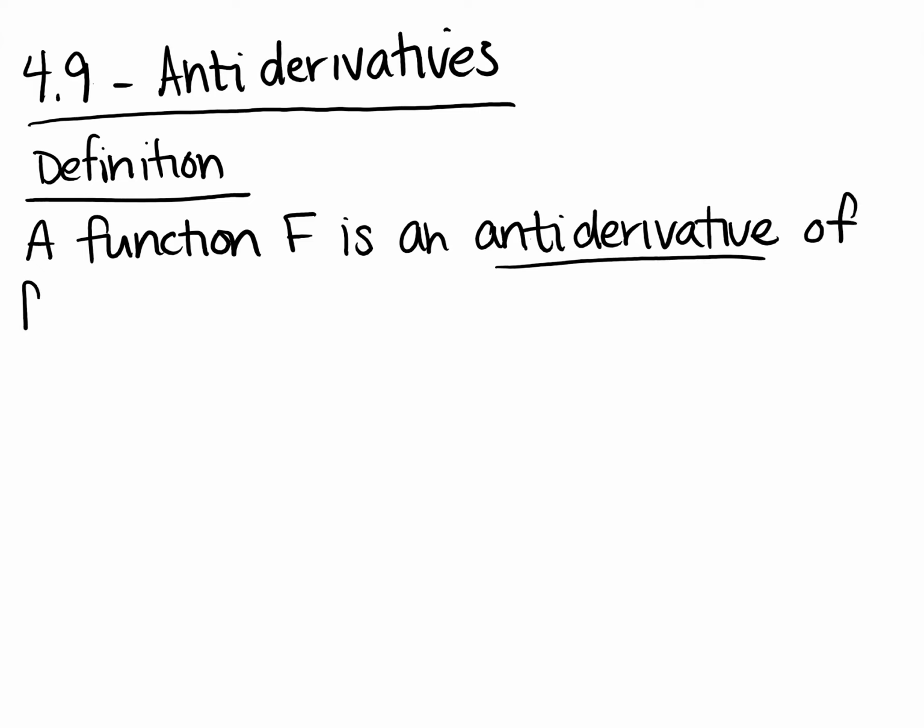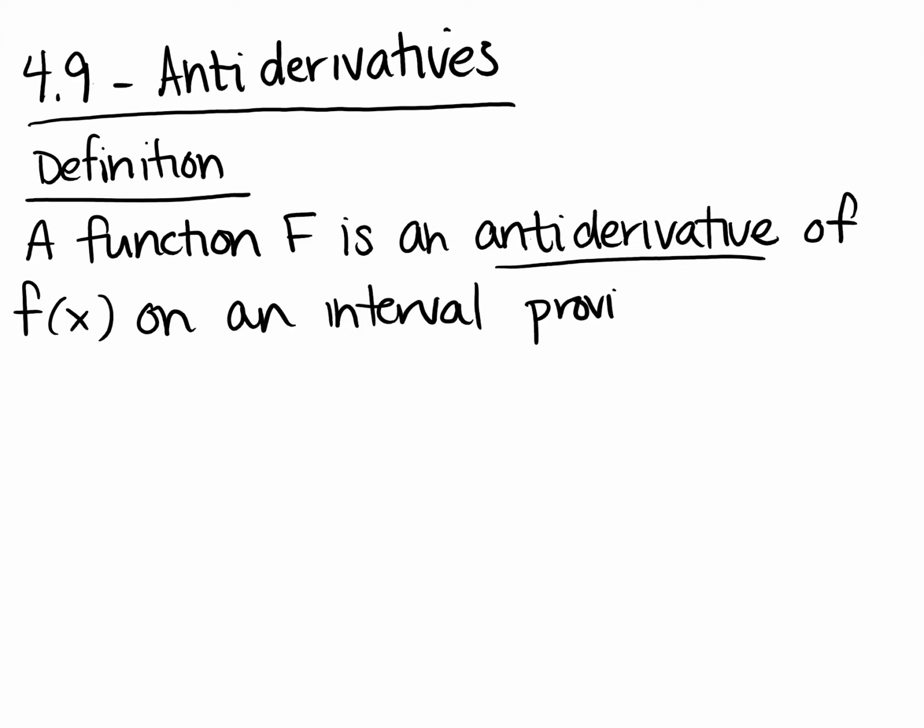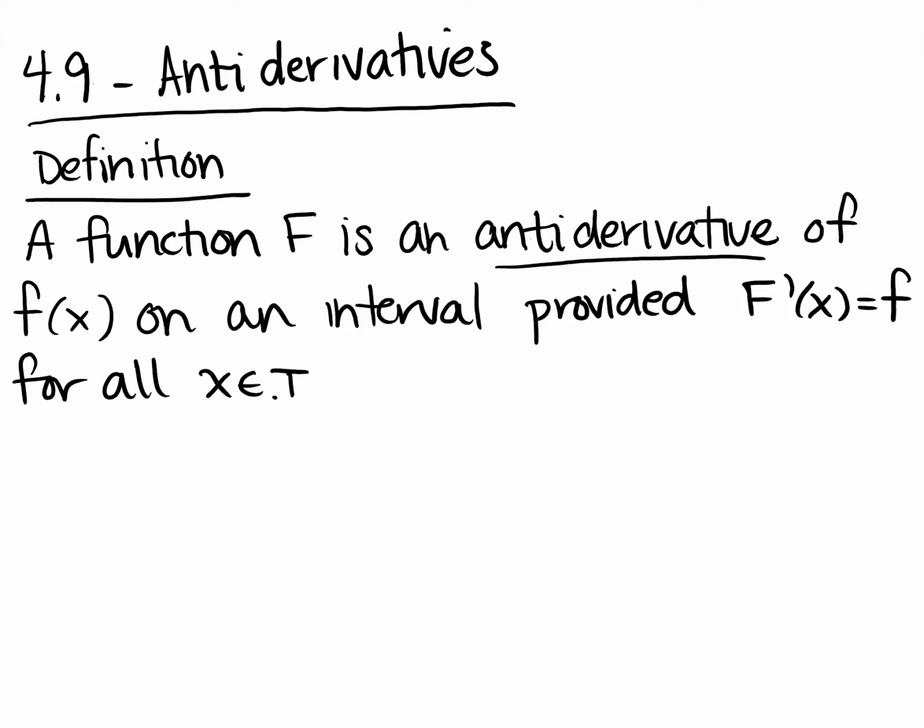So let's say you're given some function little f on some interval I. We always say that so that mathematicians don't have to say it's true over all the real numbers or something. This is called an antiderivative provided that the derivative of capital F is little f for all x in that interval. Okay?